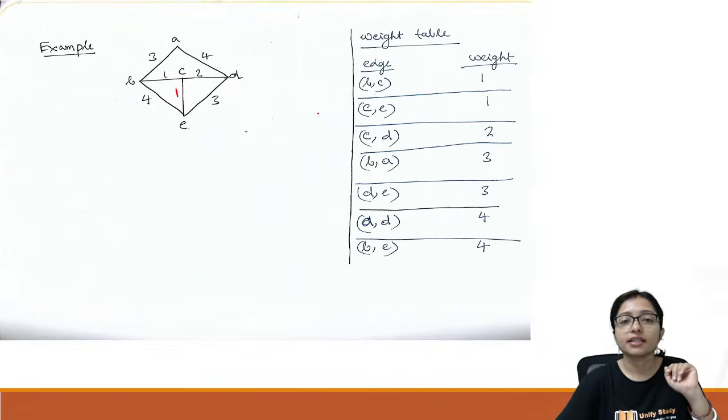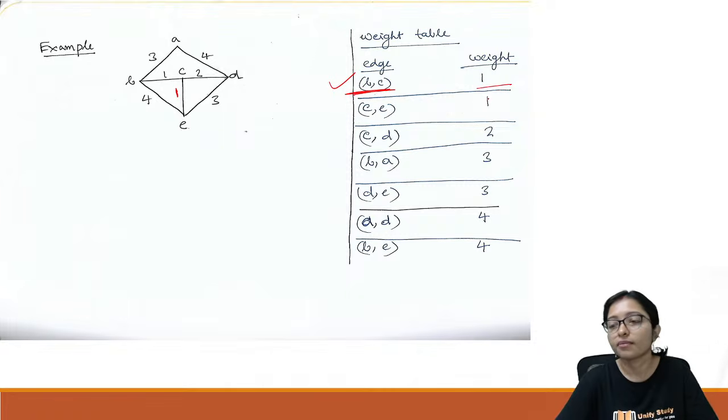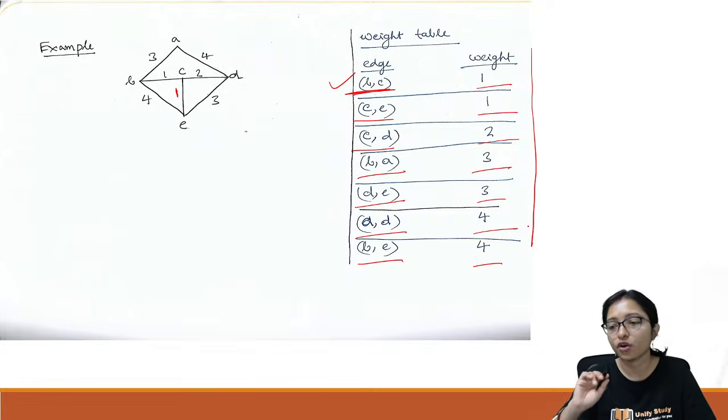See that. BC is 1. Then after that CE, that is also 1. CD is 2. BA is 3. DE is 3. AD is 4. BE is 4. So I make the list in ascending order.